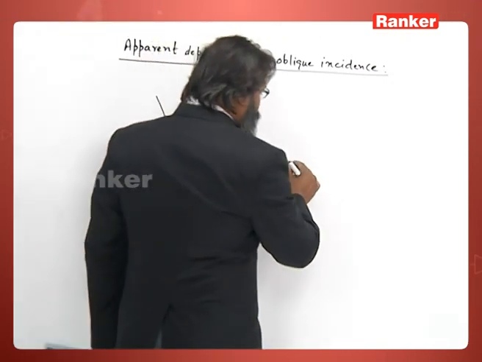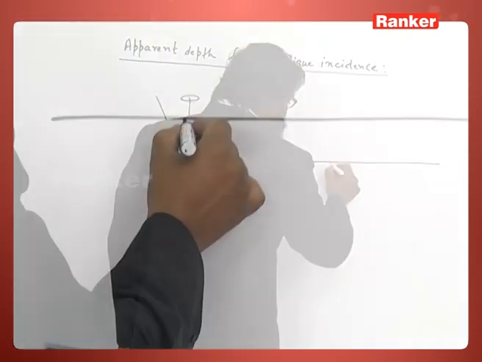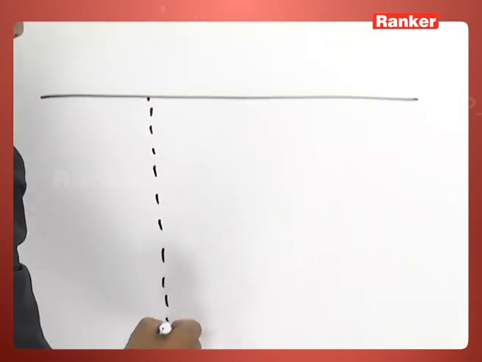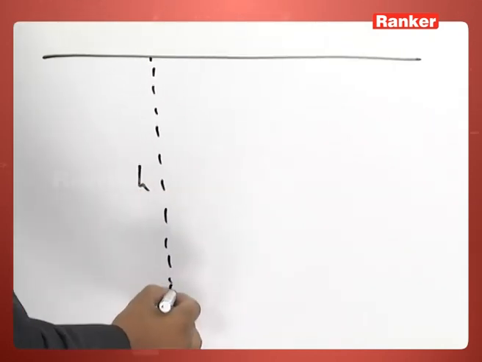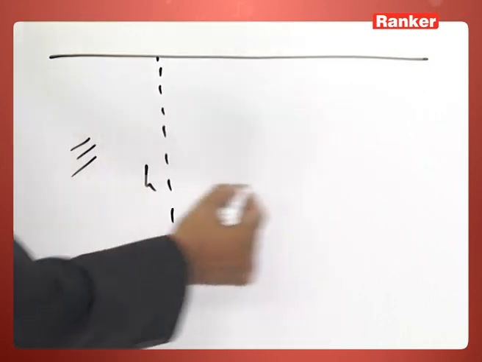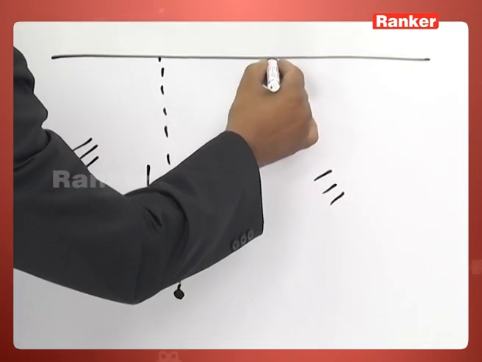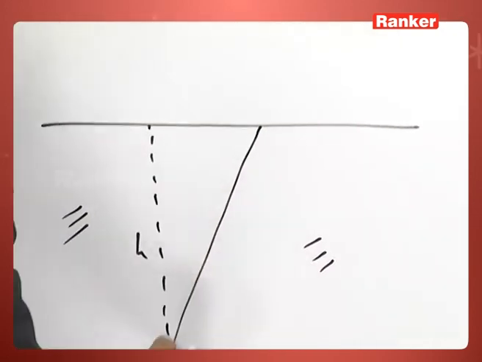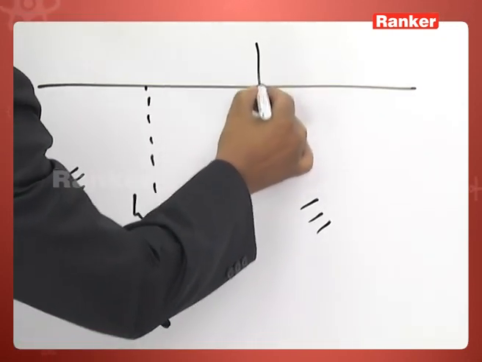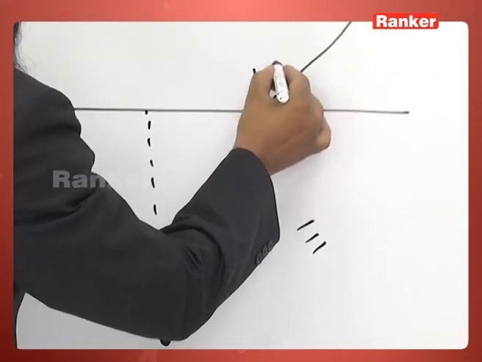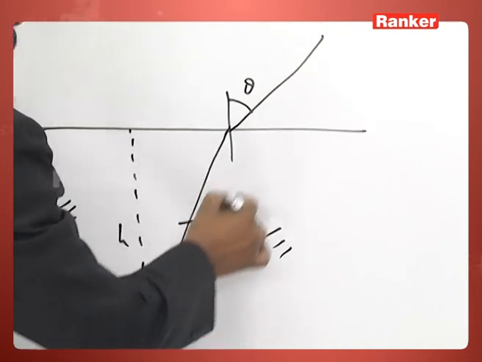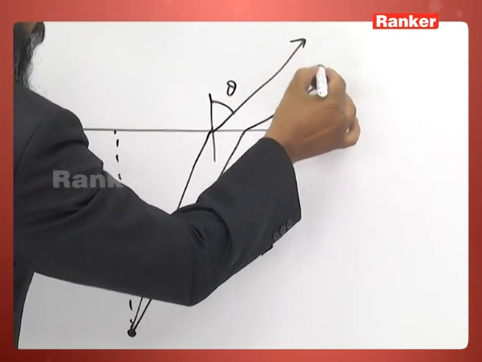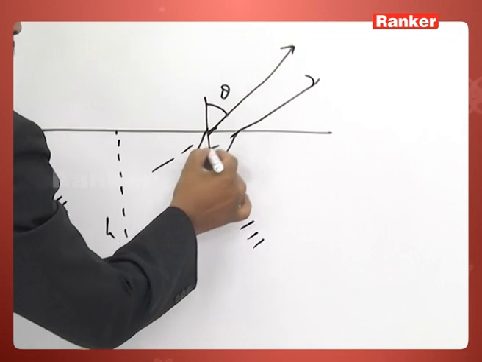Now, we are interested in oblique incidence, that if we have an object at a depth h, and if we see at an angle, so any ray going like this, if we see at some angle, here the angle is theta, then where will be the final image?